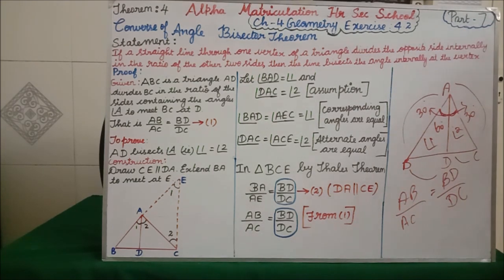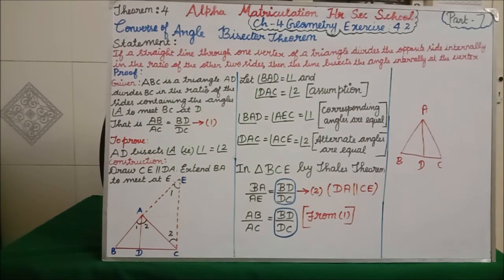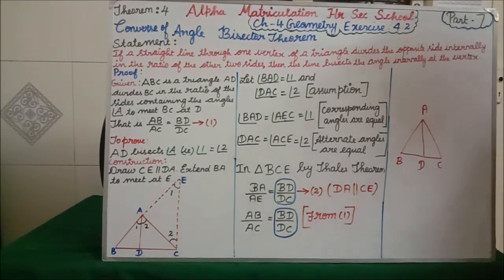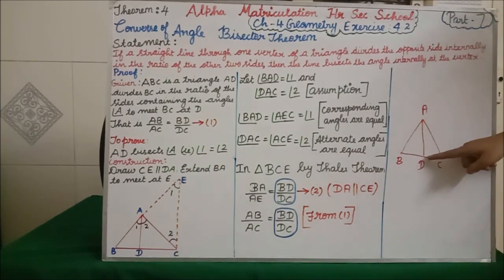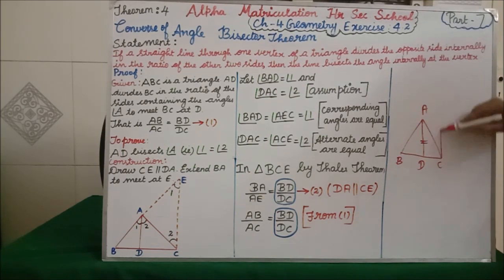To prove that, we are constructing some lines. Students, now we are going to the construction. Draw CE parallel to DA. We have the DA line here, D to A. For this DA line, we are drawing one parallel line.